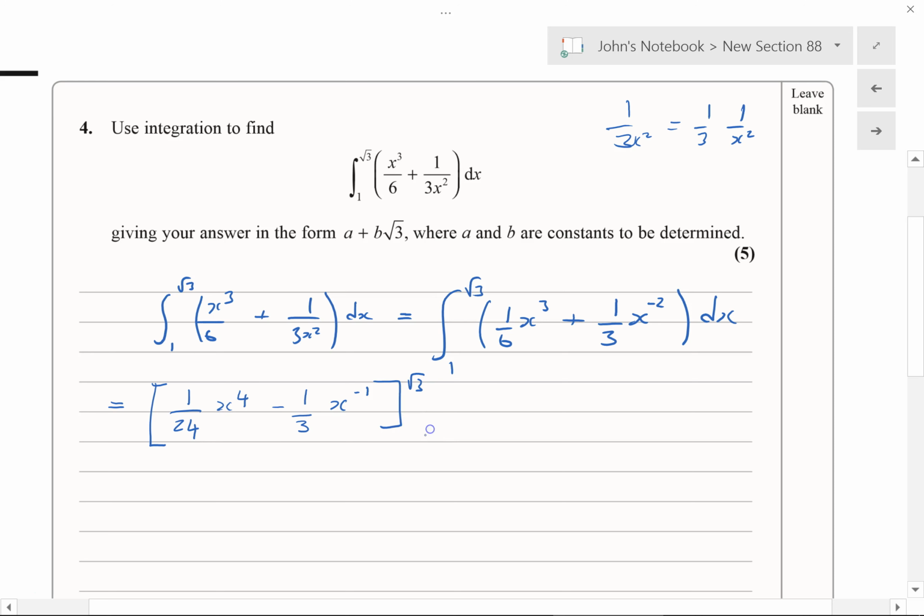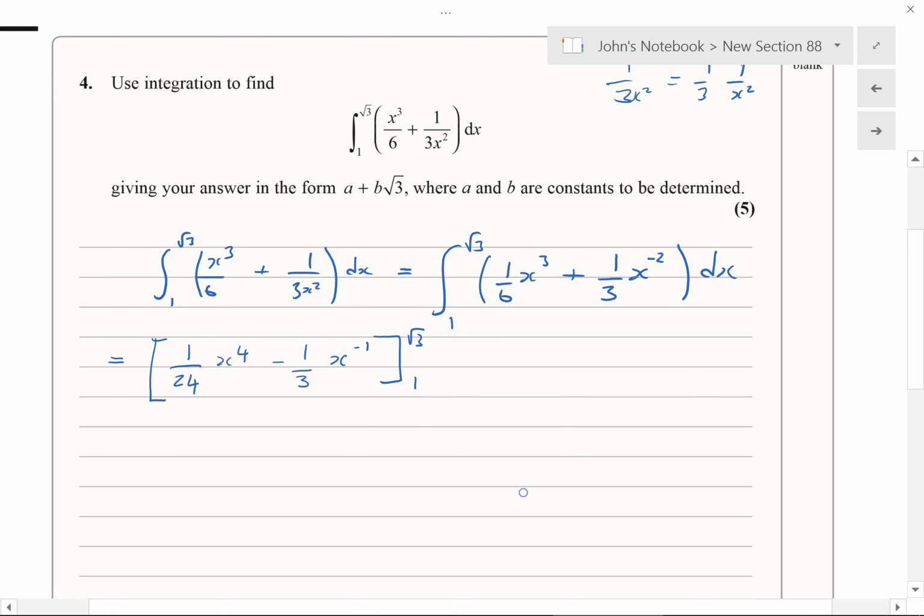To 1. Okay, so I'm going to do this without a calculator, but you can feel free to do it with a calculator if you want. So that's 1 over 24. Well, let's not put the limits in yet. Let's just make sure we've got this right. That's just 1 over 24 x to the 4 minus 1 over 3x, square root of 3, 1.